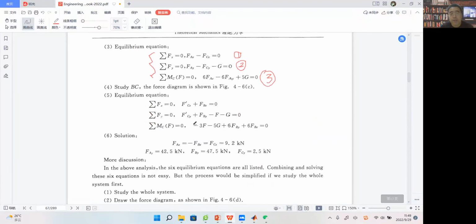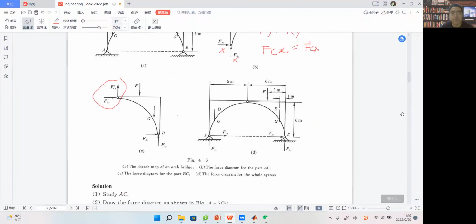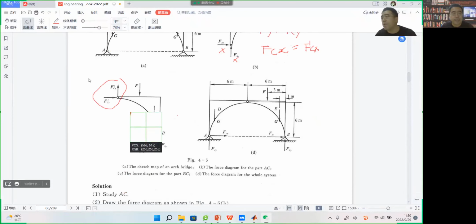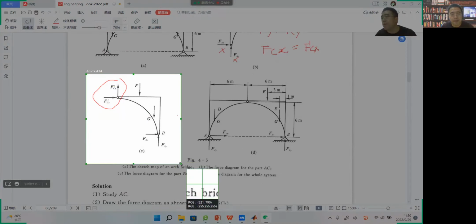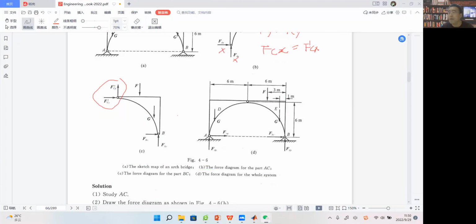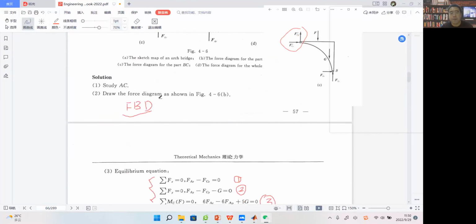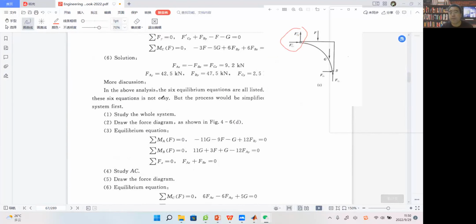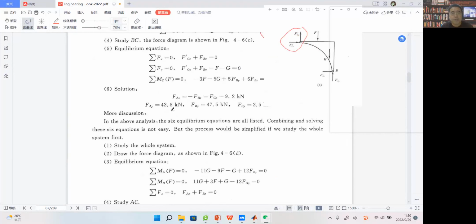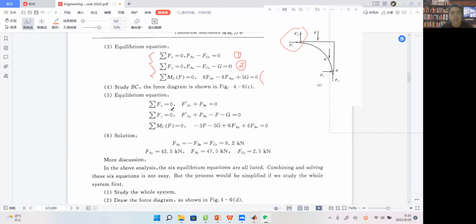Let's see. Once again, I will cut this picture for you guys to help you understand. I will cut this picture into our WeChat group and I will open it. So when we move the page, it will be the same. Continue. You guys pay attention to here. We study BC.